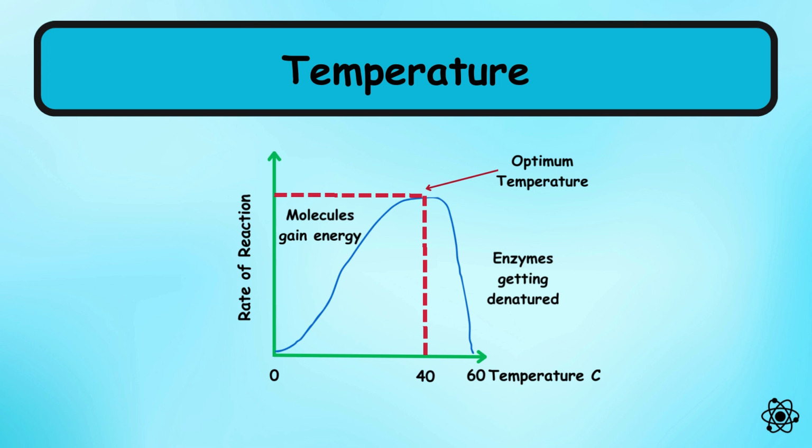However, beyond this temperature, you may notice that the rate of reaction decreases again because the enzyme becomes denatured and can no longer function as a biological catalyst. Most enzymes have an optimum temperature of approximately 37 degrees Celsius in the human body and start getting denatured at above 50 degrees Celsius.